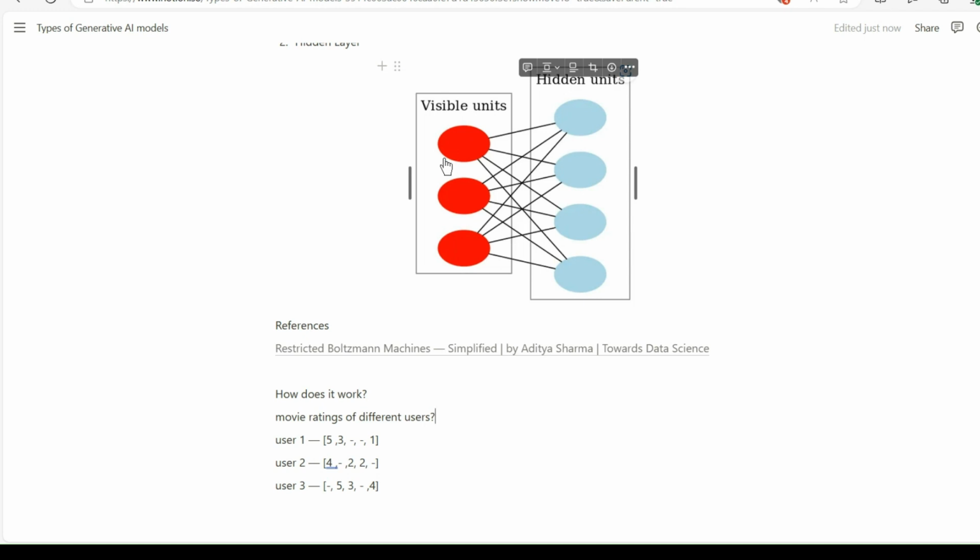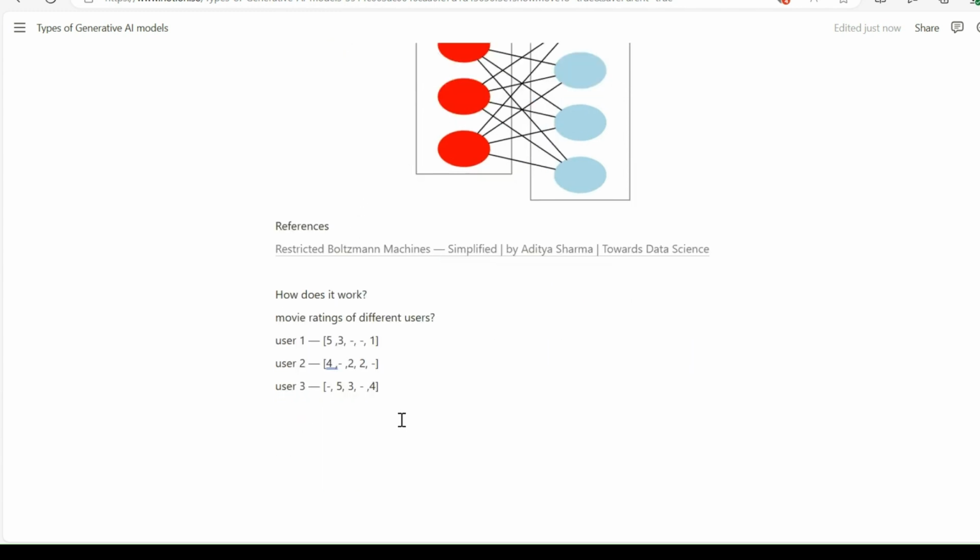After training, the hidden layer might learn features like hidden unit 1 activating when a user likes action movies, and hidden unit 2 activating when a user likes kids movies. So if a new user comes and rates a couple of action movies highly, the RBM can predict that they will also like other movies that activate the same hidden unit.